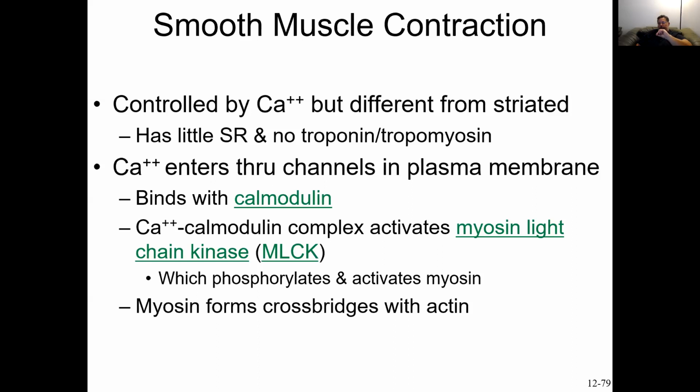Instead, there's a protein called calmodulin that is kind of like an on and off switch. If you're familiar with chemical cascades, it's a protein where the calcium will attach to, and then like a light switch, it'll flip, and then activate what we call myosin light chain kinase.